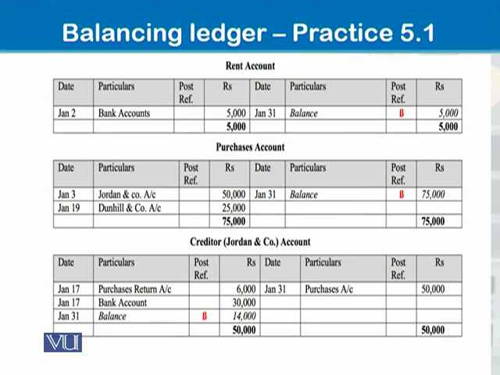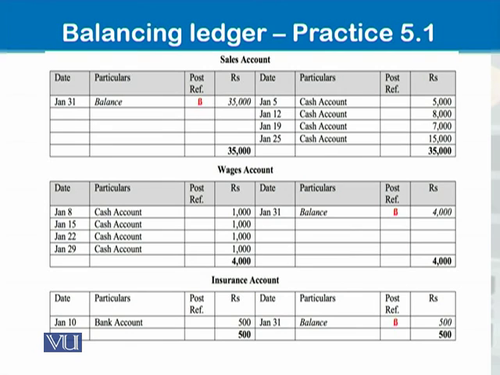Purchases, again, it's debit in nature and its balance would be named as debit balance. Creditor, it's a liability. Liability is member of credit group. Its nature is credit. Okay. So its balance will be appearing in the debit side as we can observe over here and would be named as credit balance. Then comes sales. Sales is income and credit in nature.